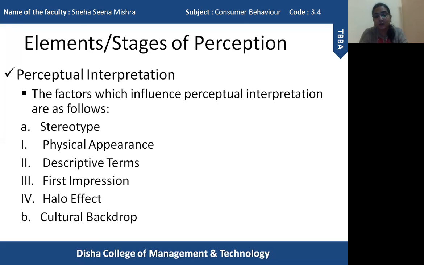Stereotype is also influenced by four elements: physical appearance, descriptive terms, first impression, and halo effects. Physical appearance is sometimes very important, because when we look at things we are not able to understand, whether the packaging, the name, or the color of the packaging, if we don't like it, we reject it, and when some people like it, they accept it.